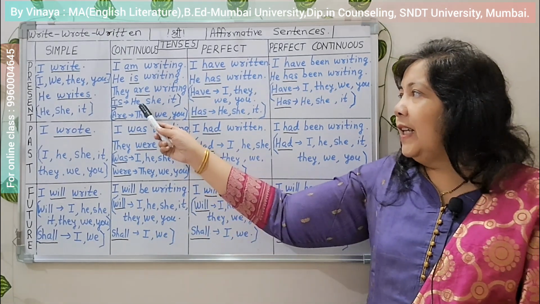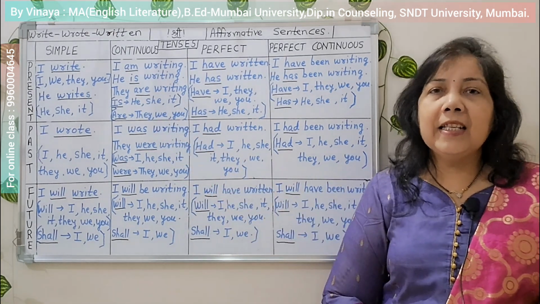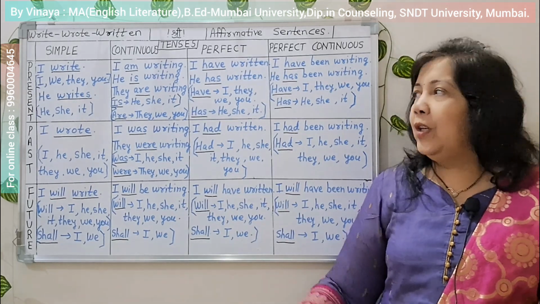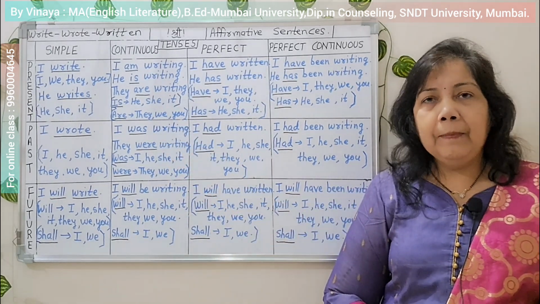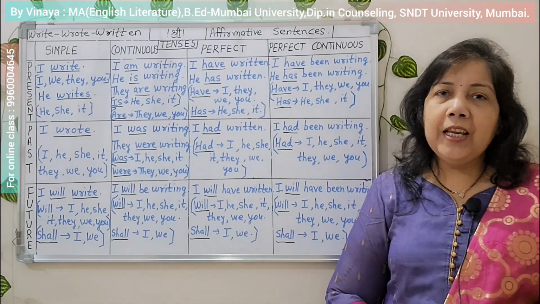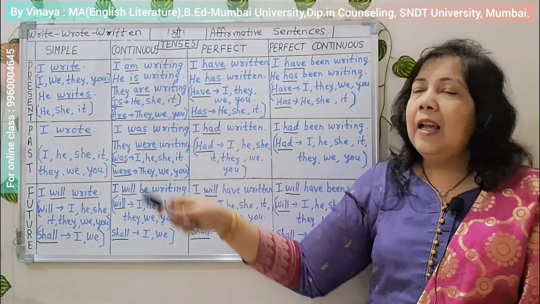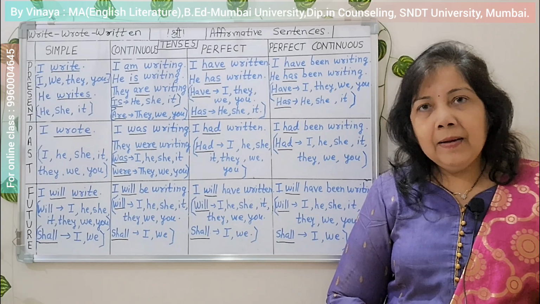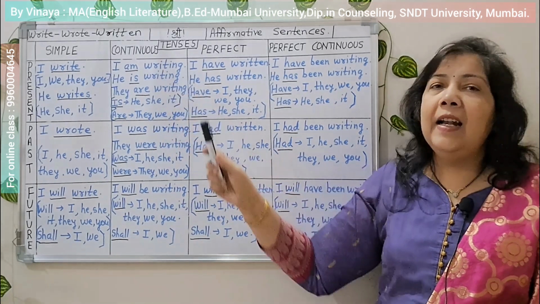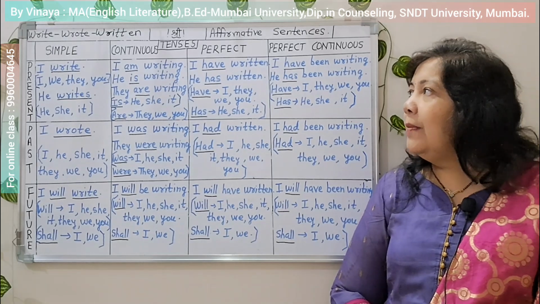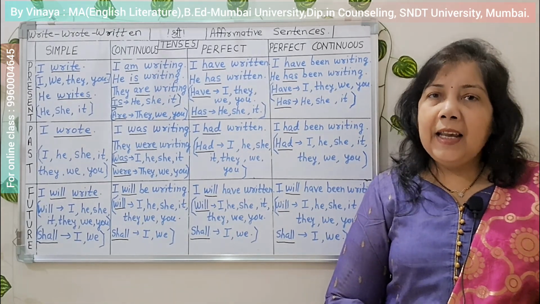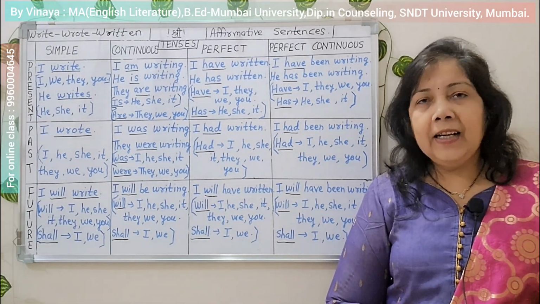When the subject is he, she or it, then it is is. And when the subject is they, we or you, then it is are. So the construction is subject plus am, is or are plus the verb with ing added. So it becomes I am writing, he is writing, they are writing.